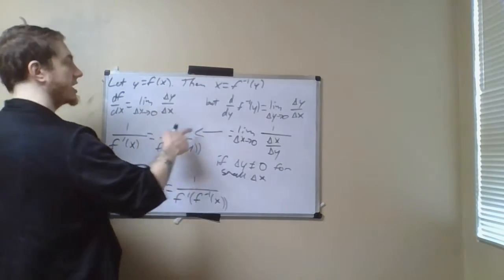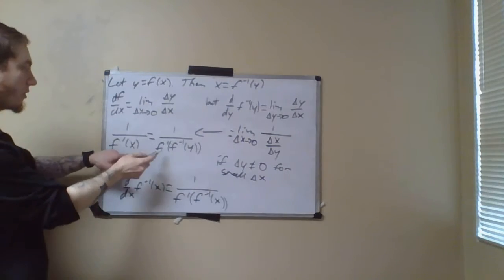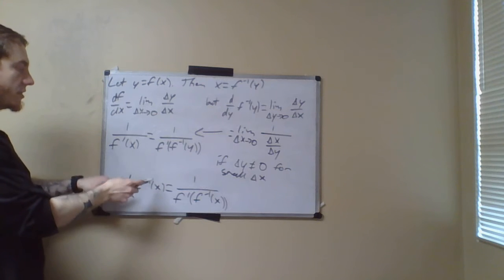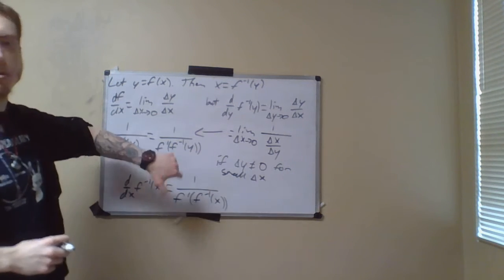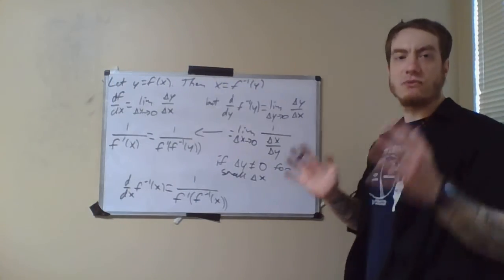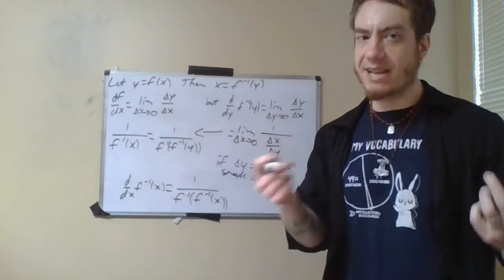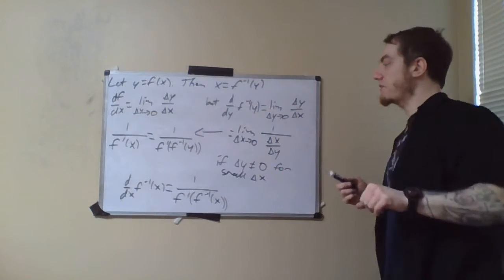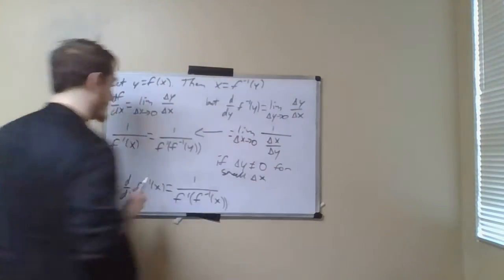But this is actually the derivative of f inverse at y. So to get from this formula down to this formula here, all we're doing is interchanging the variables x and y. We're just renaming the variables. Because normally when we flip a function around to get the inverse function, we switch the roles of x and y. It's a little annoying to do that, but that's all that's going on there.